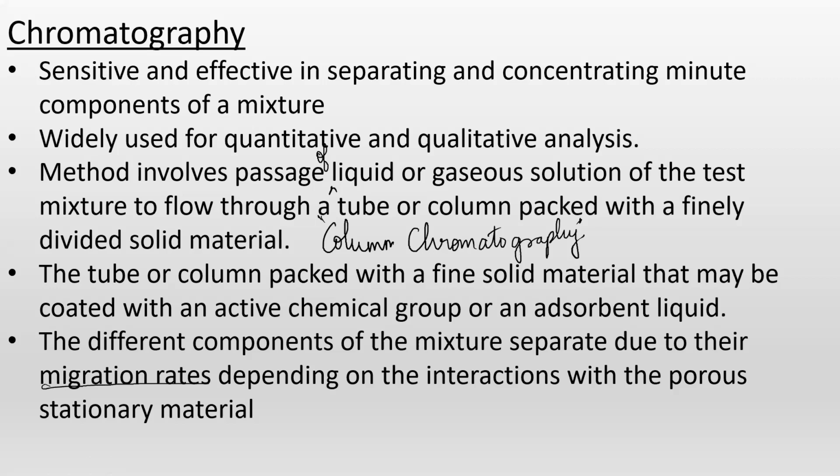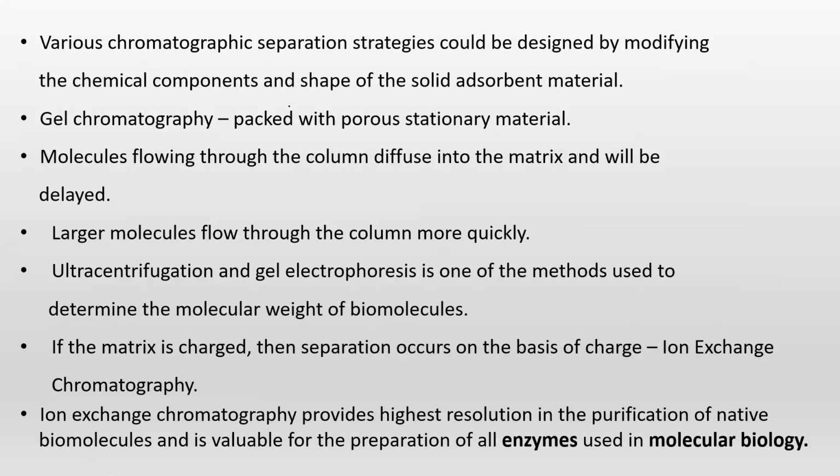You can keep on running those batches, you can separate, and after you run say 2-3 batches, you will have more of your biomolecule, which is purified now, which is not in a mixture. There are various chromatographic techniques that become a part of a strategy. Sometimes it is not only one column chromatography that you have to do.